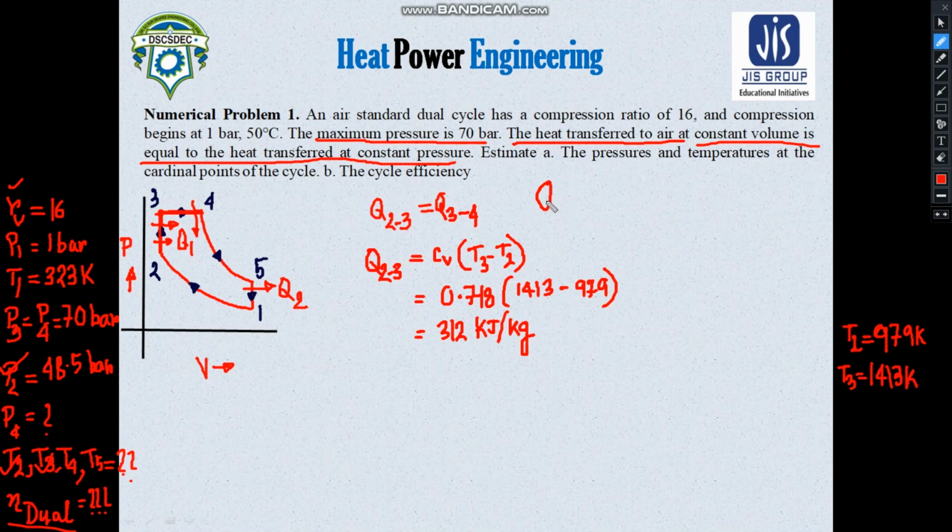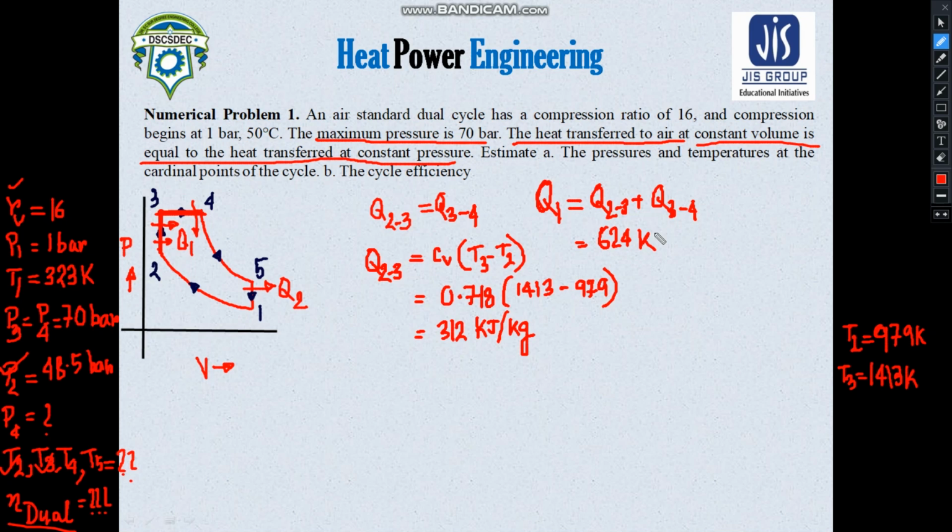So if we take the total heat addition as Q1, it would be Q2 to 3 plus Q3 to 4, right? You know this thing, for dual cycle heat is added in this process as well as this process. So the total heat added would be the sum of these two, and it will become 624 kilojoule per kg.